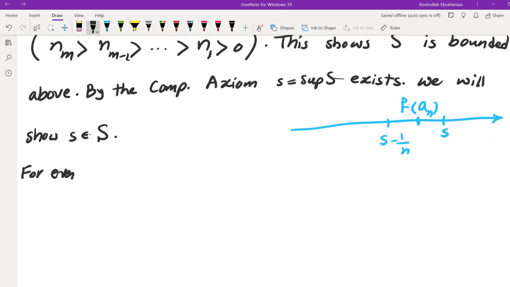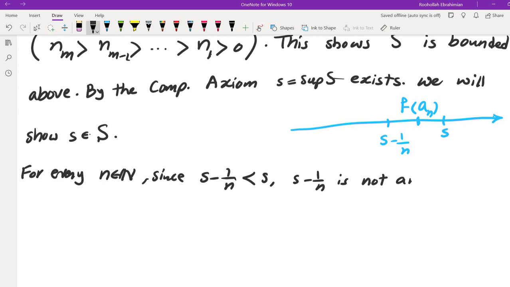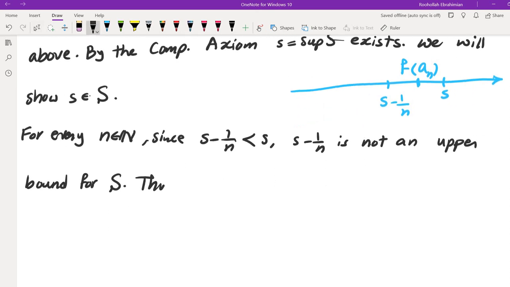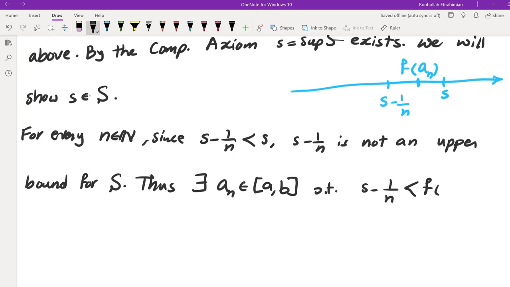So for every positive integer n, since s minus 1 over n is not an upper bound for capital S, there is some a_n inside [a, b] such that s minus 1 over n is less than f of a_n.